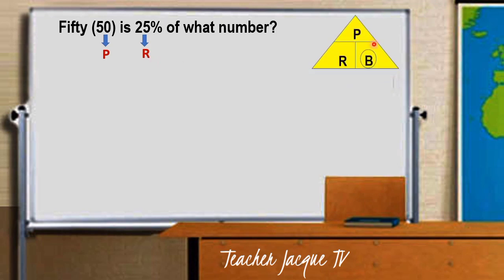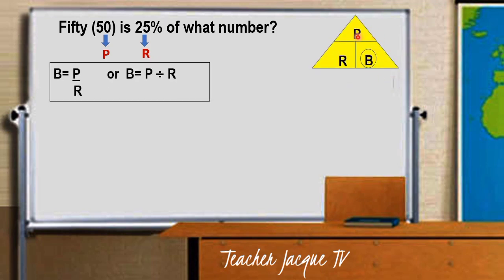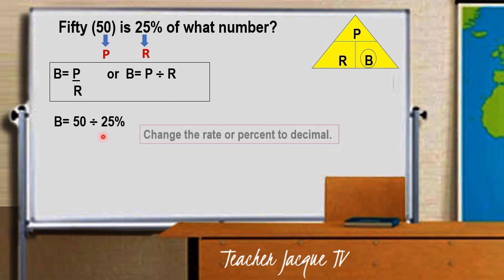So, tignan natin si Magic Triangle, nawawala si base. So, ang formula natin ay P over R or B is equal to P divided by R. Substitute natin, B is equal to yung ating P, which is 50 divided by yung ating R, which is 25%.